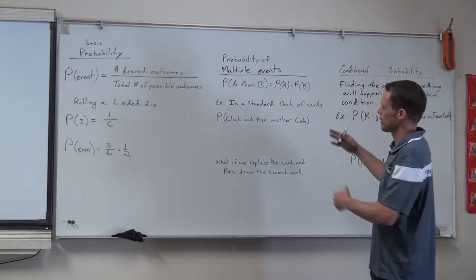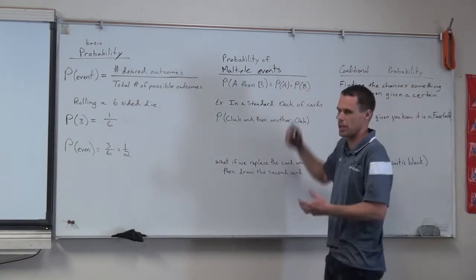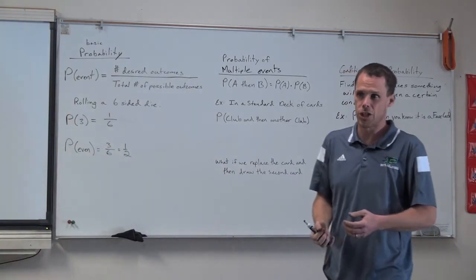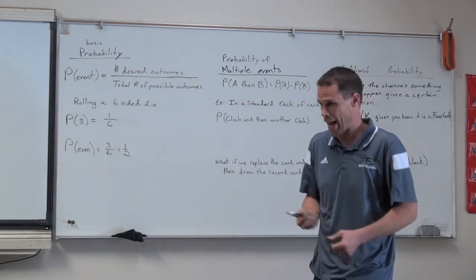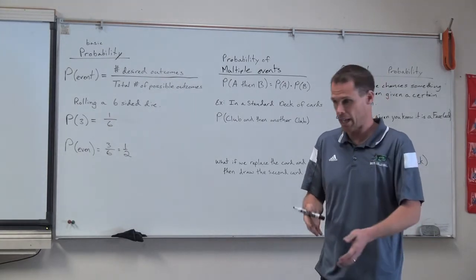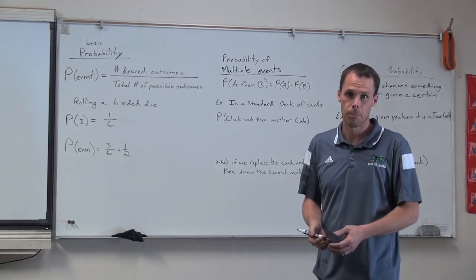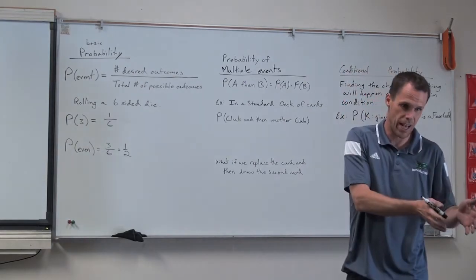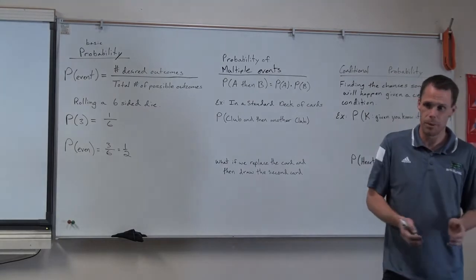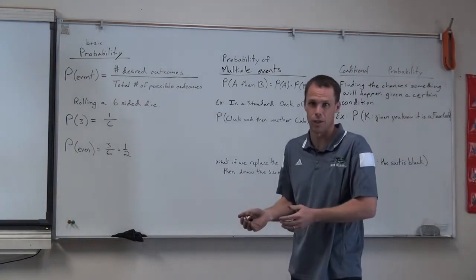Now, basic probability can grow when we discuss the probability of multiple events. Let's say 2 things are going to happen. What are the chances that if I flip a coin and roll the die, I get a heads and I roll a 3? Well, there's a 1/2 chance of heads. So I flip that coin. Half the time it will be heads, and I actually have a chance of winning the game.